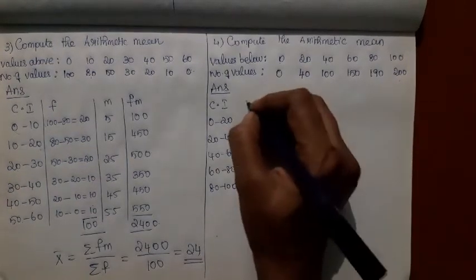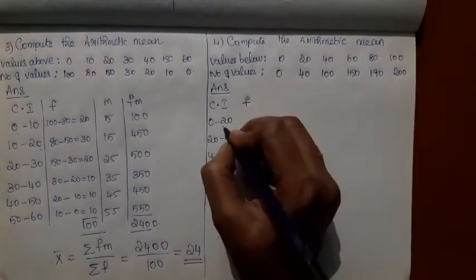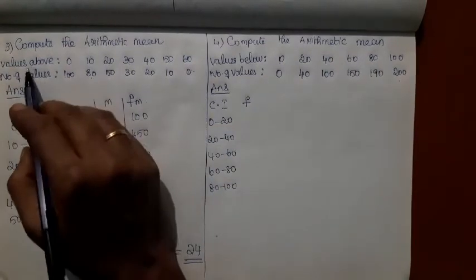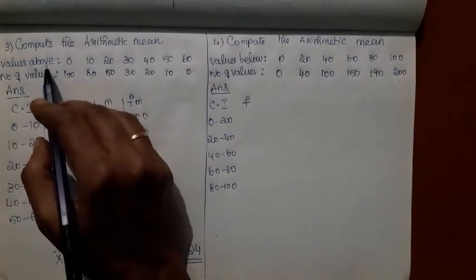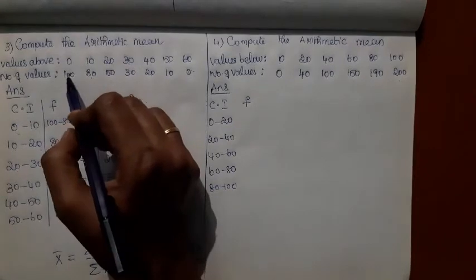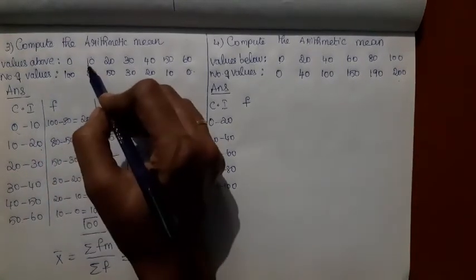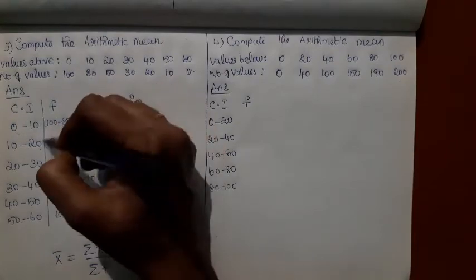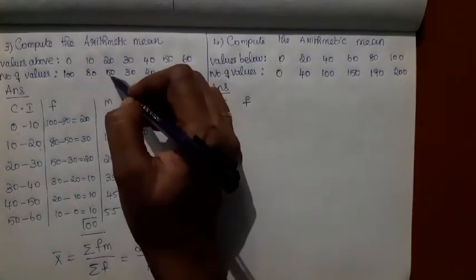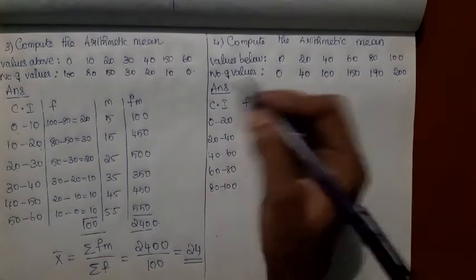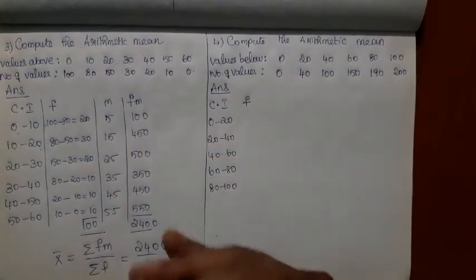So I can stop with 100. Here, how should you think? Here, values above are given, right? Above 0, how many are there? From that, subtract the ones above 10.